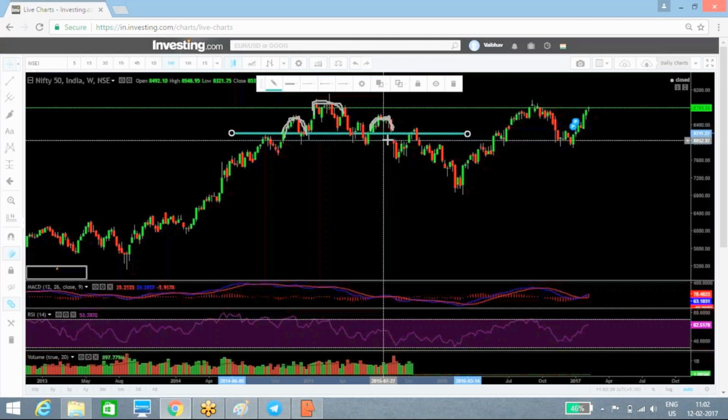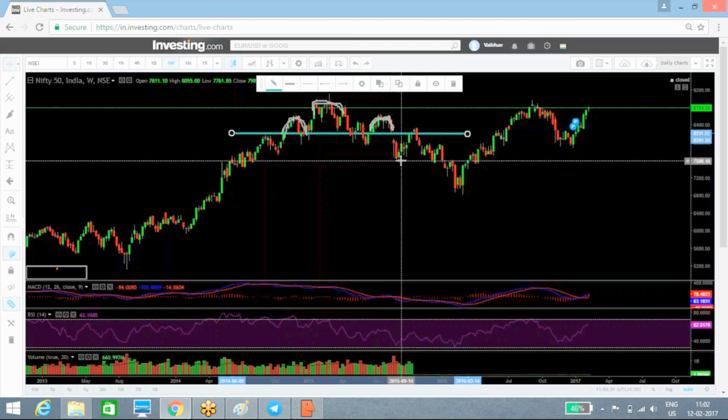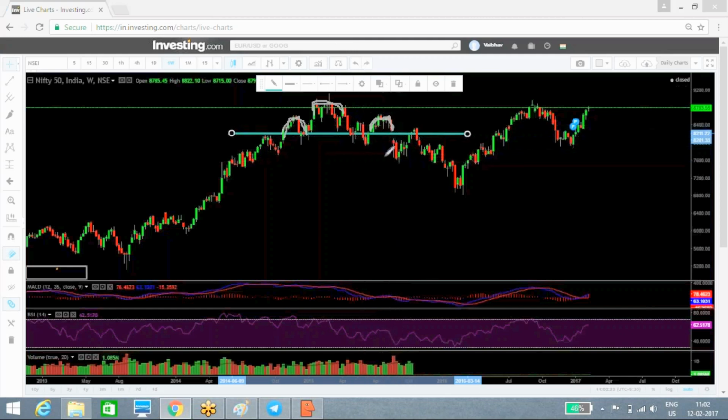And you can easily see that it came down till this level, right? It came down till this level. Then what happened? It rose to the support line. It closed with a very small green candle, probably 10 or 15 points. And then again, the next day, it fell.